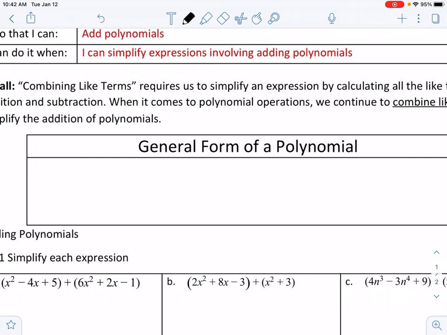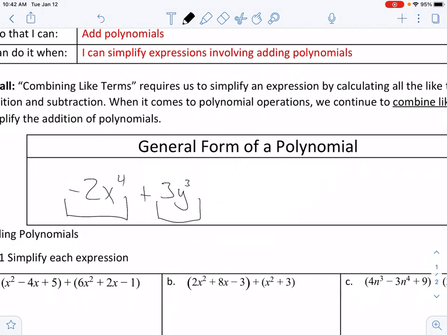If we're talking about the general form of a polynomial, we can have any number of terms. Remember, a term is like an individual unit. So negative 2x to the fourth power is a term. 3y to the third power is a term.